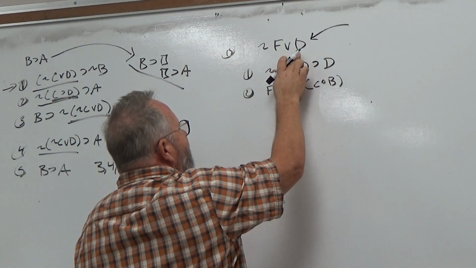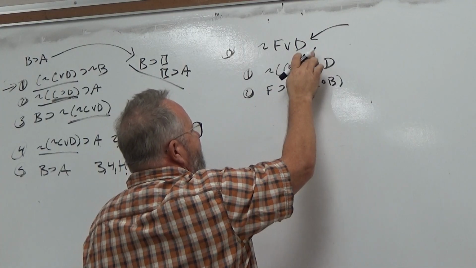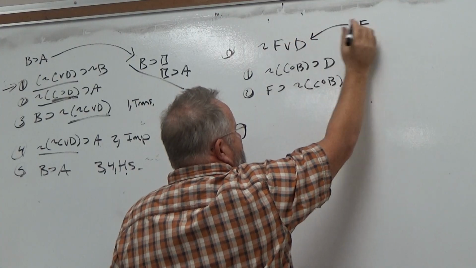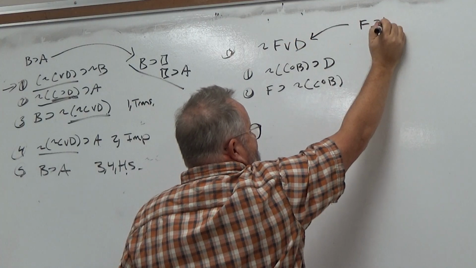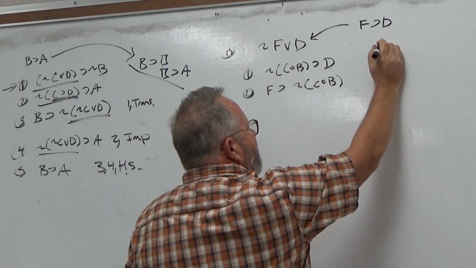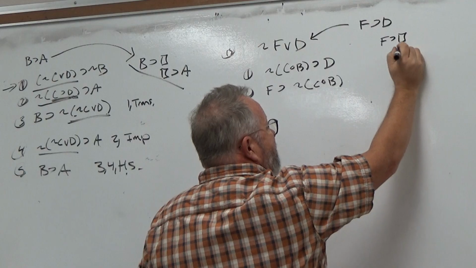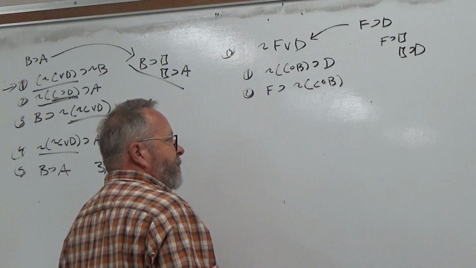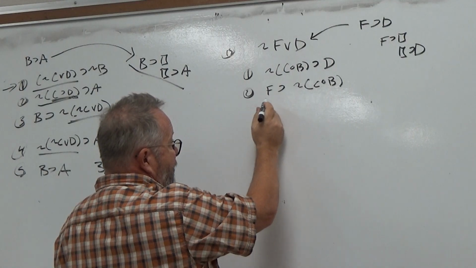This is an OR, and if I changed it to an if-then by implication, not F would become F, and this would be changed to a then, and that would stay the same. So F then D. And I don't see F then D, but I could look for this, F then blank and blank then D. And if I had that, I could put them together. Guess what I have?